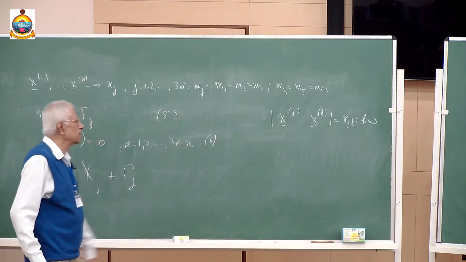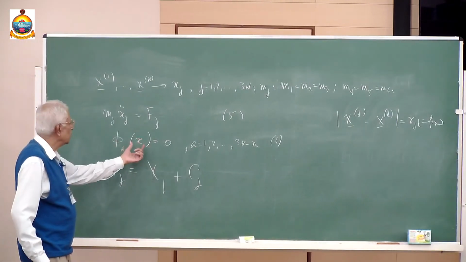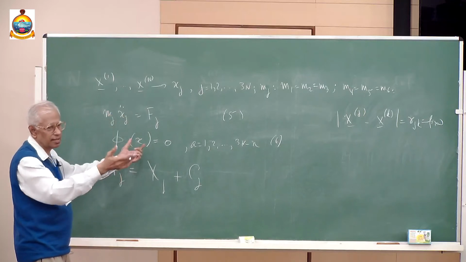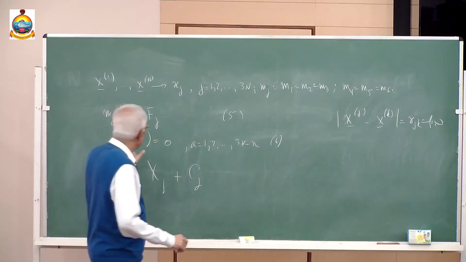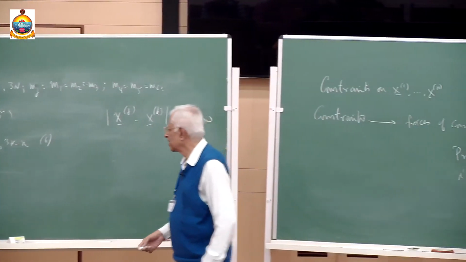So we might have a system of equations. Each phi would depend on two of the particles, not on the rest, and so on. But then you have to write enough of them to make it into a rigid body.